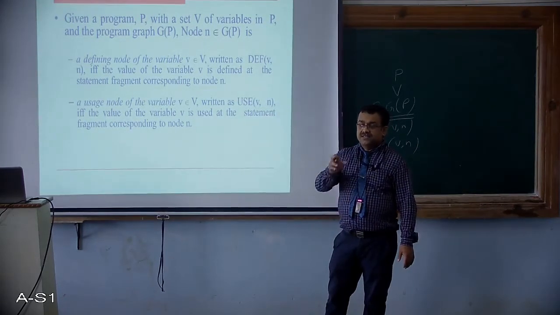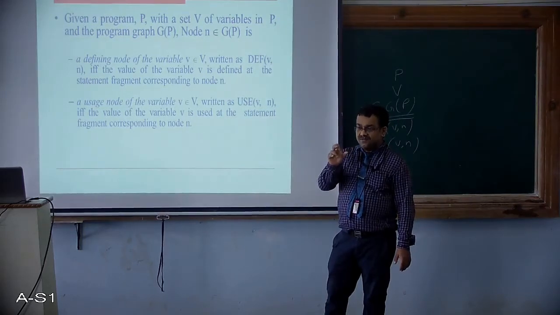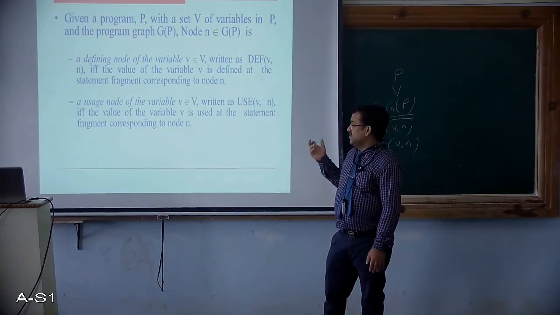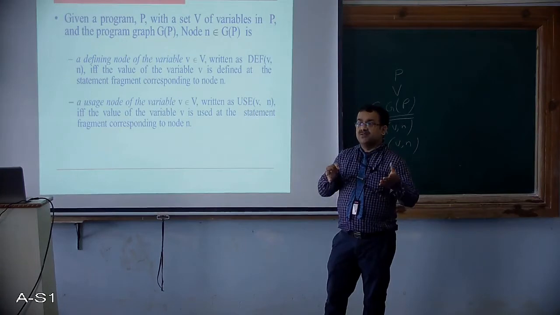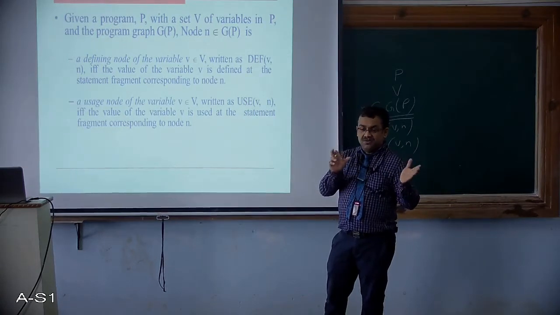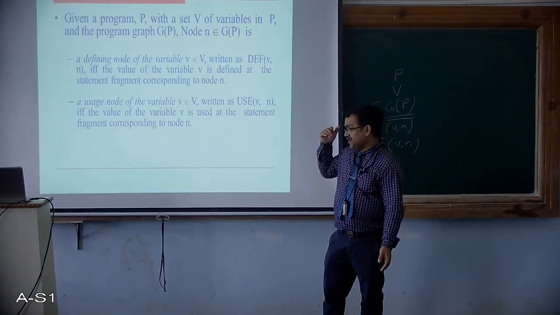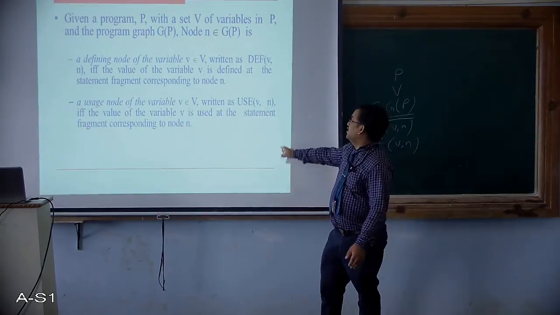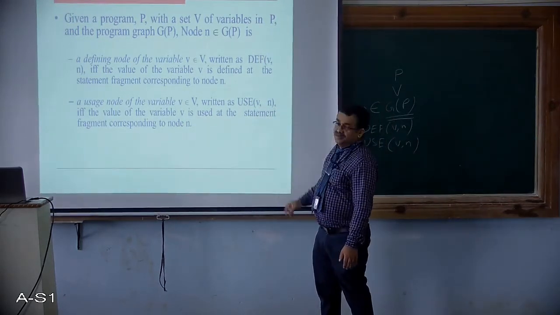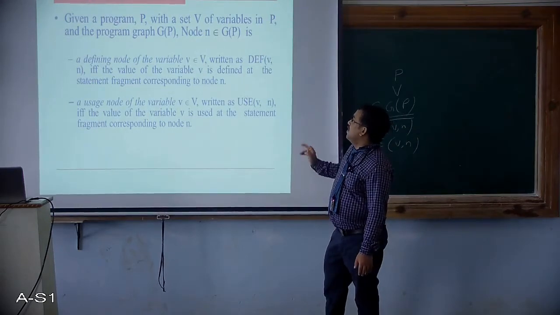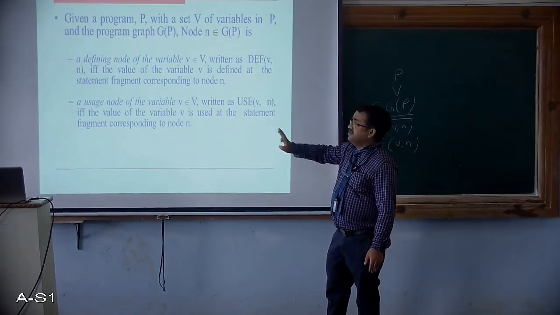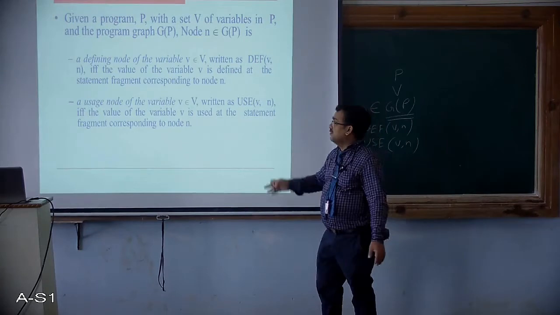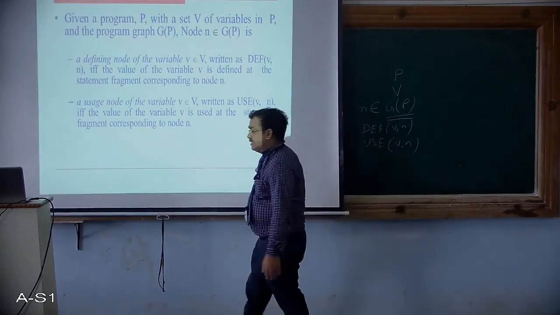If the variable is used in the statement represented by that node, then we call it a use node. Remember the defining node and the use node, these are the most important parts of this technique that we are going to discuss.